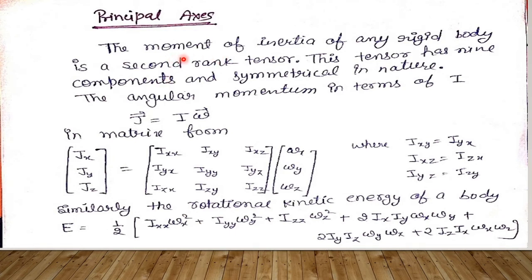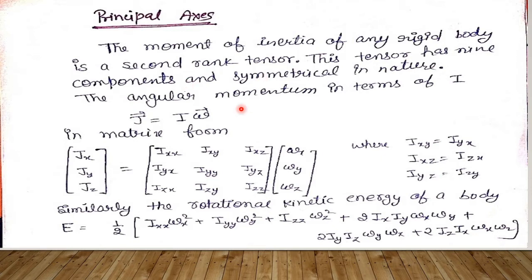As we know, the moment of inertia of any rigid body is a second rank tensor, which we have studied in previous videos. This tensor has 9 components and is symmetrical in nature.